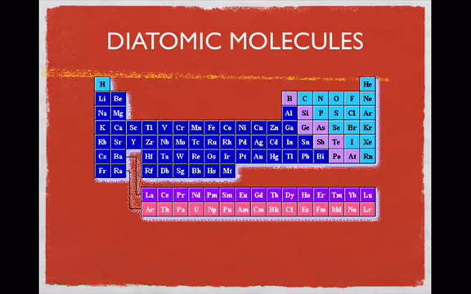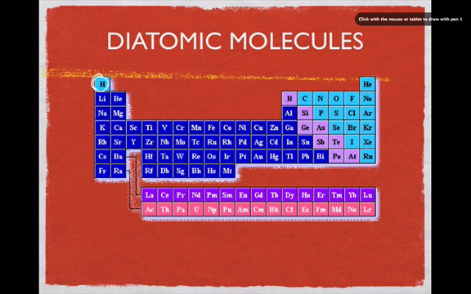So our example here on the periodic table, so you can see where they are, hydrogen is one of them, and then the other 6 go here, and they actually make a 7. So you have the 6 right there plus hydrogen. So those are your diatomic molecules.